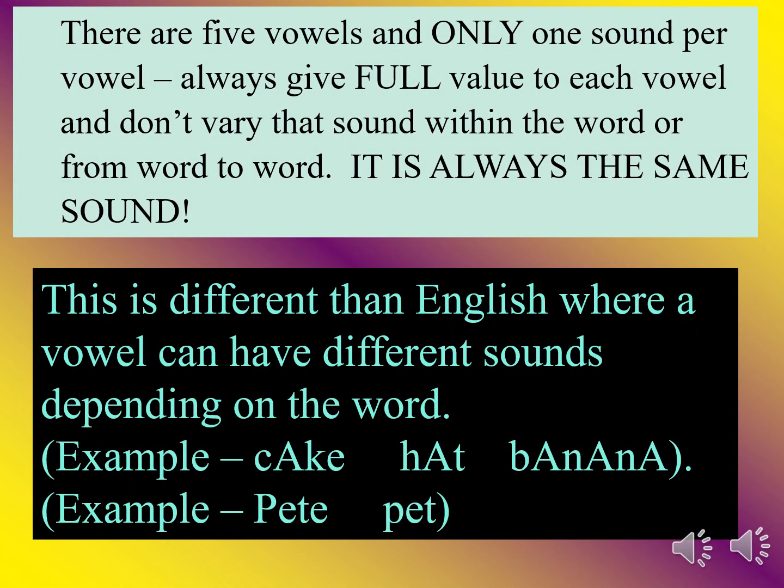The most important thing you want to remember is there are 5 vowels in Spanish, which is the same as in English. But in English, we have the possibility of pronouncing vowels differently. I won't go into all of those examples, but I put a few here.